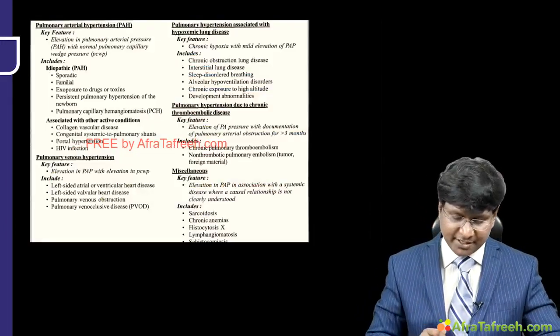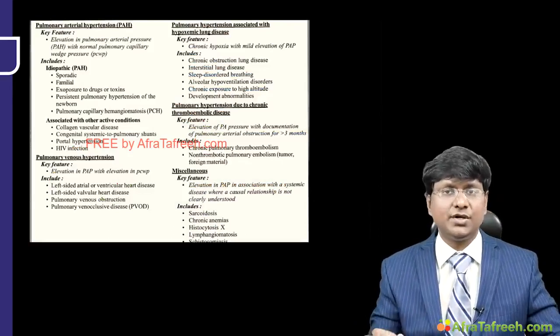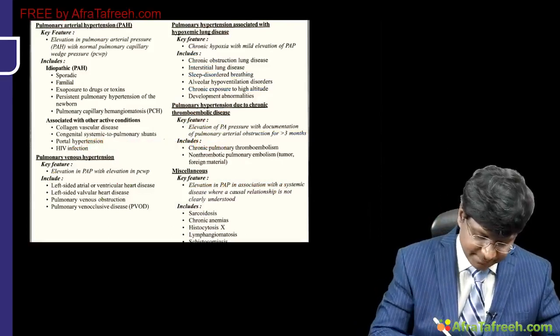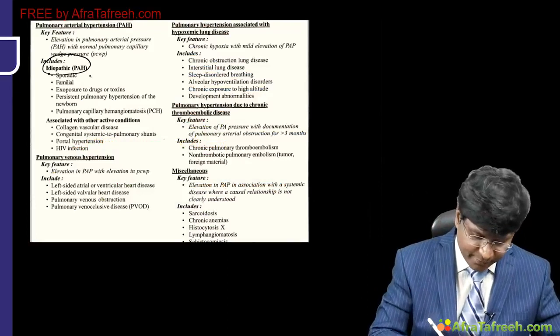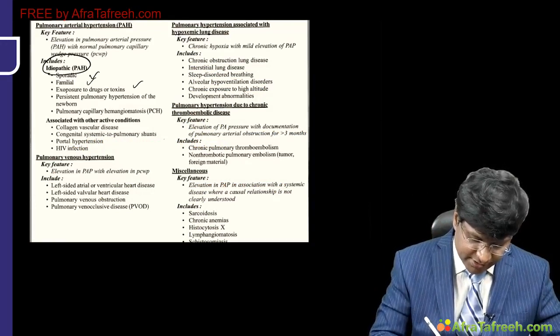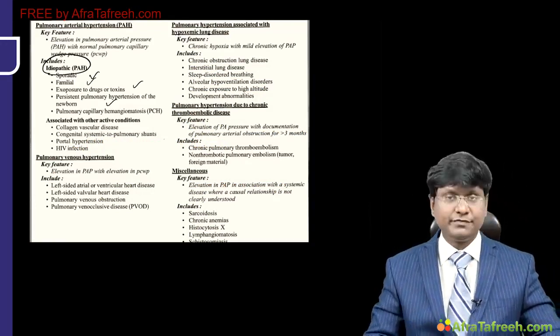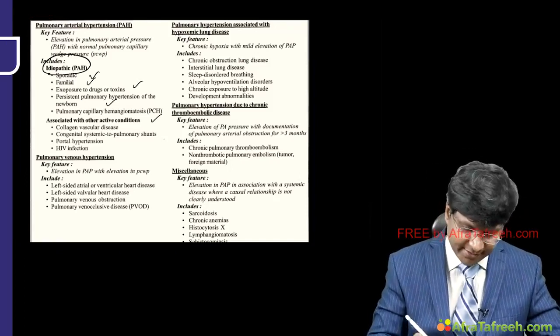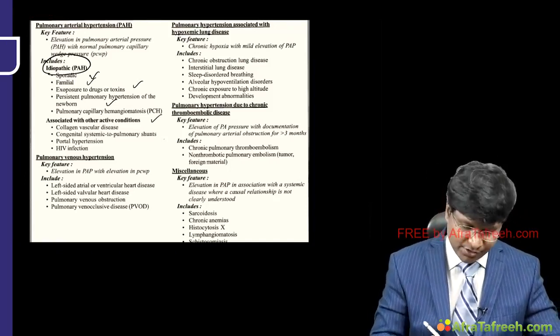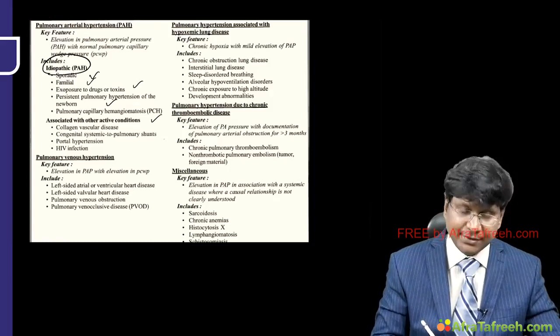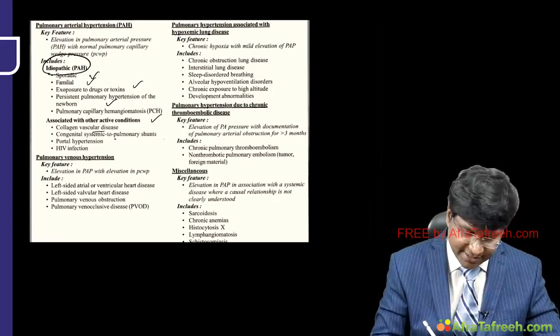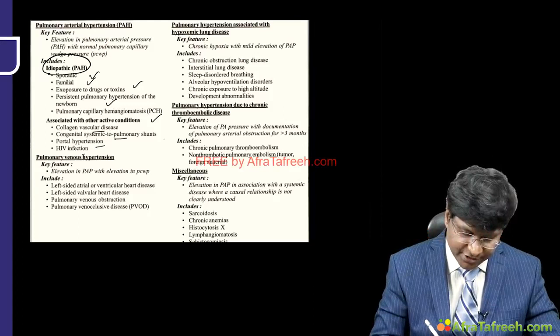Now, this particular table shows all the etiologies causing pulmonary hypertension. That is idiopathic, sporadic, familial, drugs and toxins, persistent pulmonary hypertension of the newborn, genetic disorders, pulmonary capillary hemangiomatosis, and associated conditions like collagen vascular disease, congenital systemic to pulmonary shunts, portal hypertension and HIV.